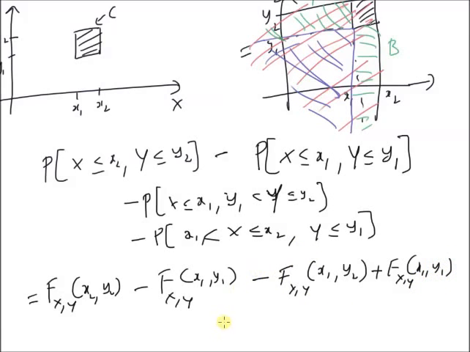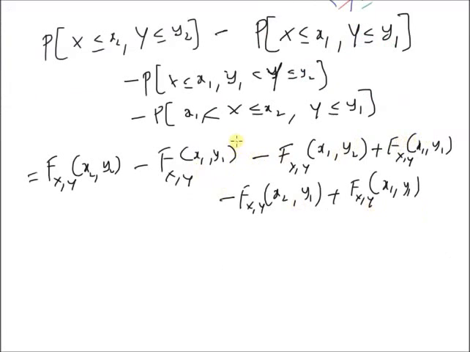And for this one we have minus F_X,Y of x2, y1 plus F_X,Y of x1, y1. These values are basically calculated from the events B, A and B. Now we can clearly see that these two values cancel and we are left with the following expression.